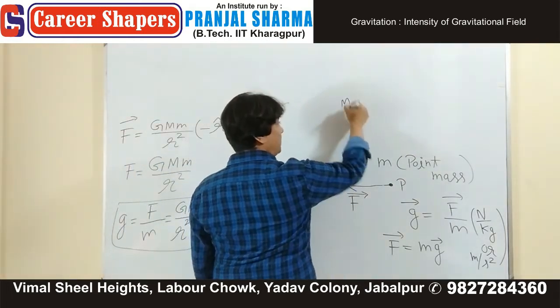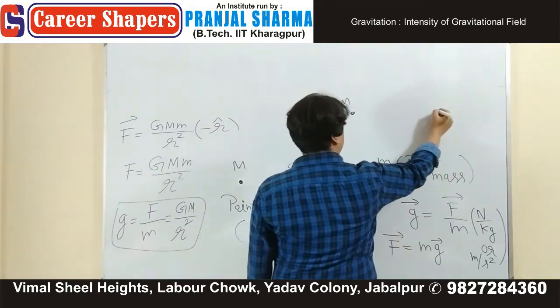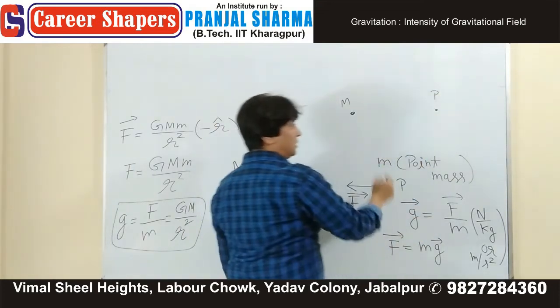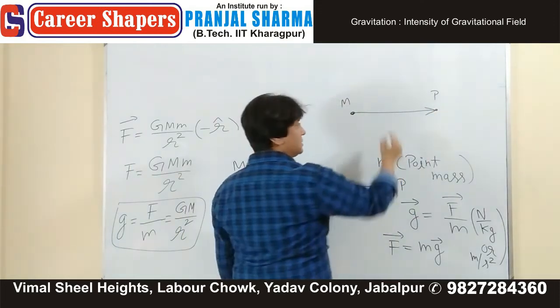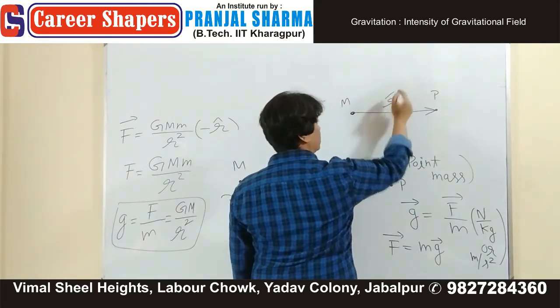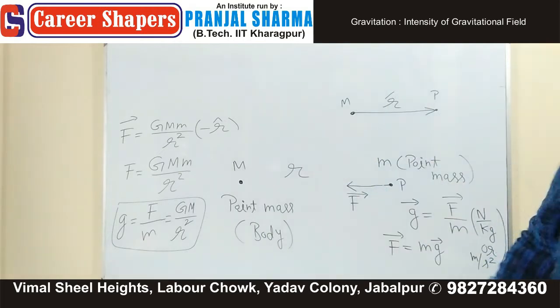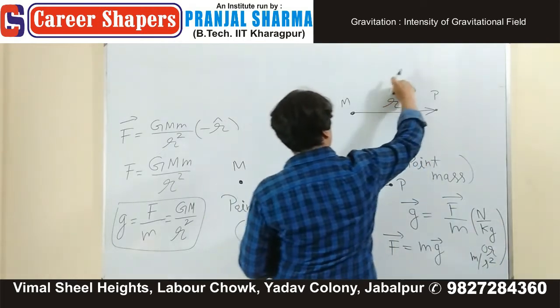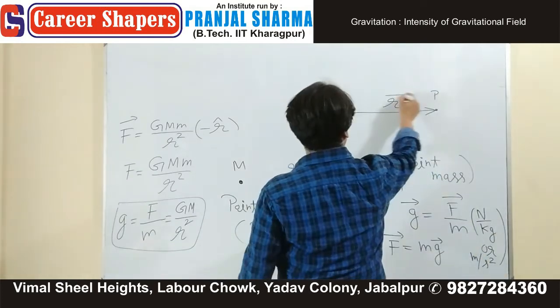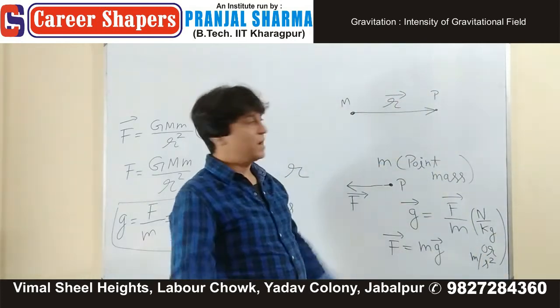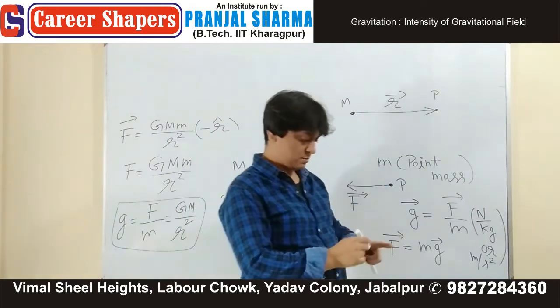This is capital M, this is point P, this is r vector. r vector is from this point to this point.